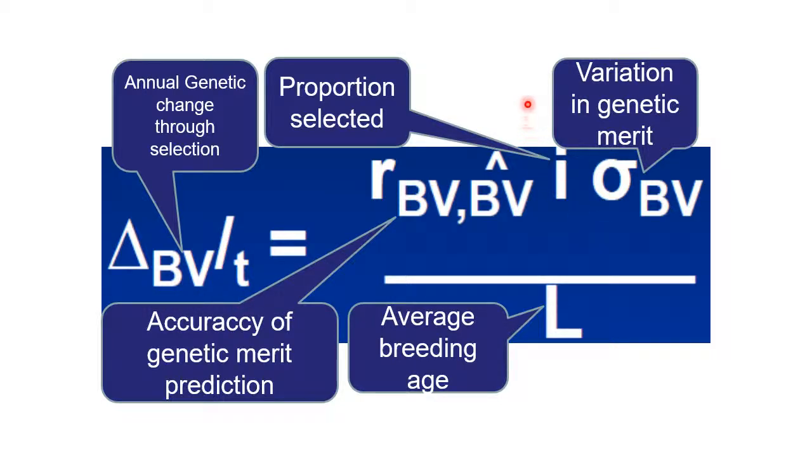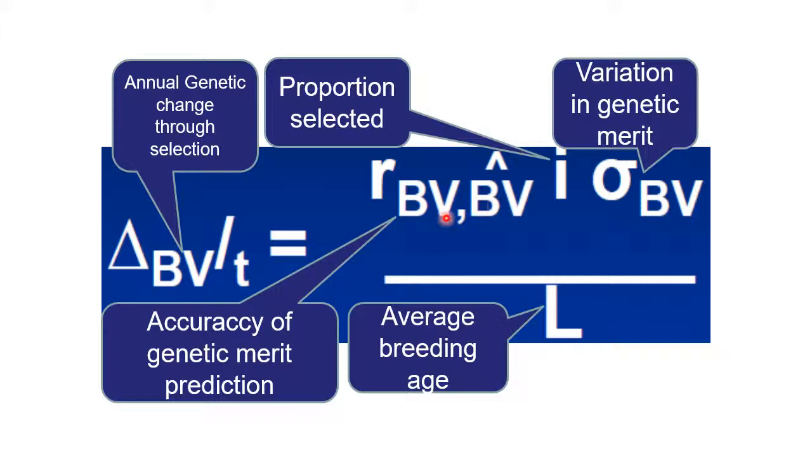The third element that will contribute to the rate of progress when selecting animals is the variation in genetic merit. This is basically the variation in the breeding values, and obviously the accuracy of your prediction will also determine how much of this variation you can assume to be true variation versus not true variation.